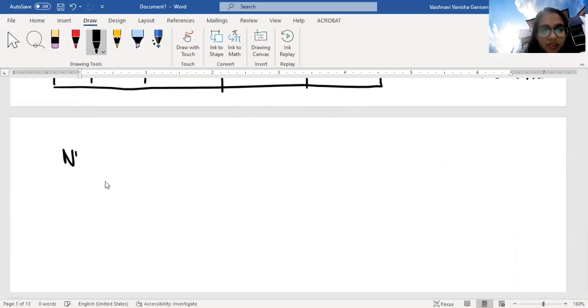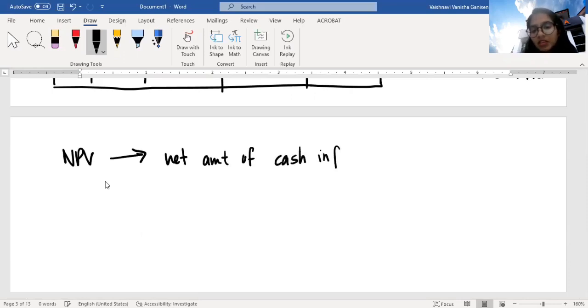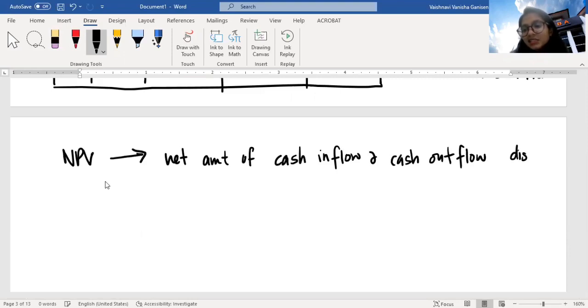So net present value is actually the net amount of cash inflow and cash outflow that is discounted at the WACC, or another word for it is cost of capital.